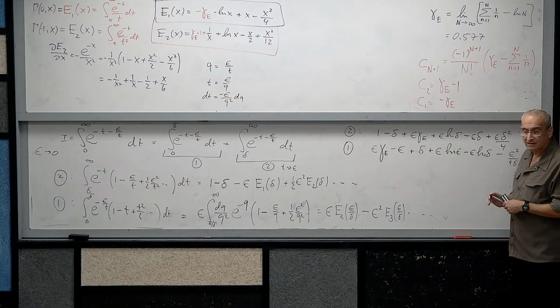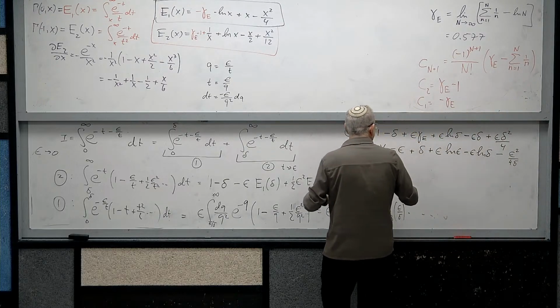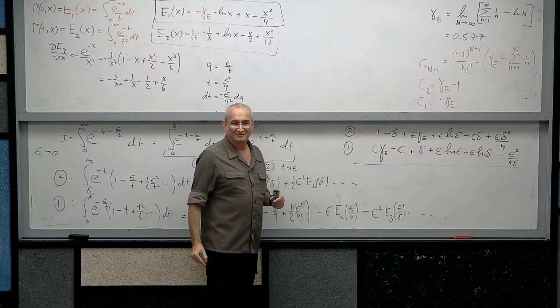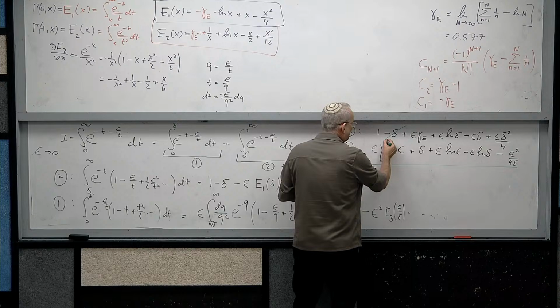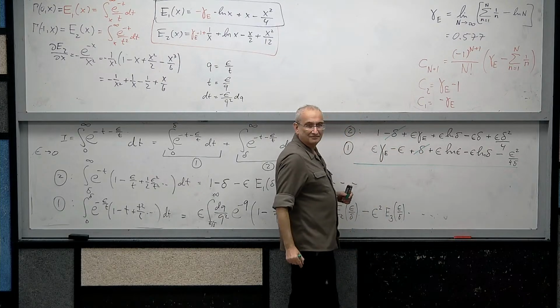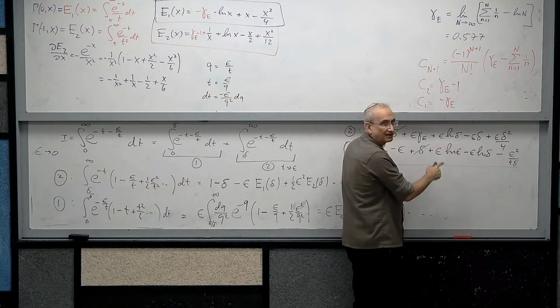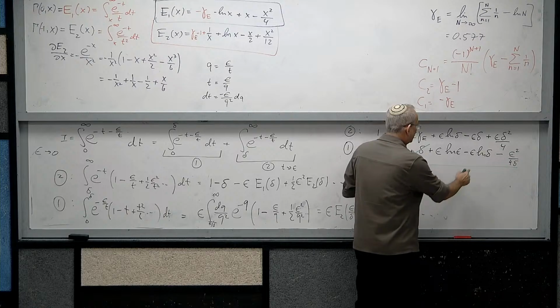Okay? Now, what happens if I add these two terms? This delta cancels with this delta, and this dangerous term, epsilon ln delta, because delta goes to 0, so ln delta is huge, cancels with that.